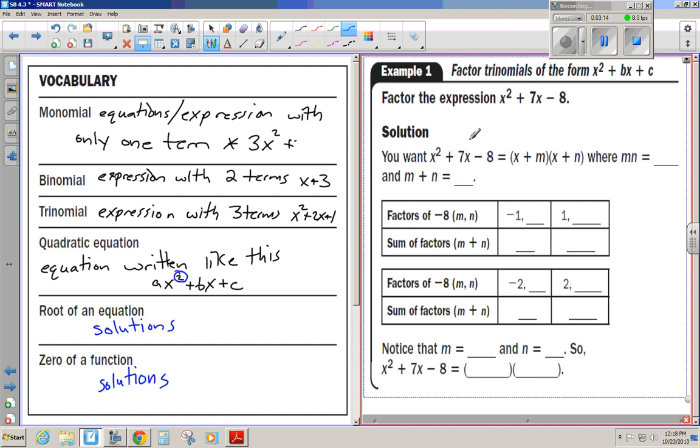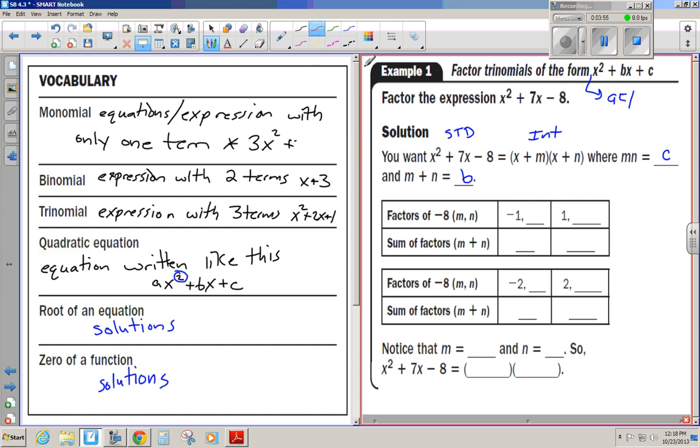Now, I'm going to actually use the words easier factoring, because this right here, a is equal to 1, is easier to factor. And so what you do is you want to take this and go from standard form to intercept form, where m times n is equal to c, and m plus n is equal to b.